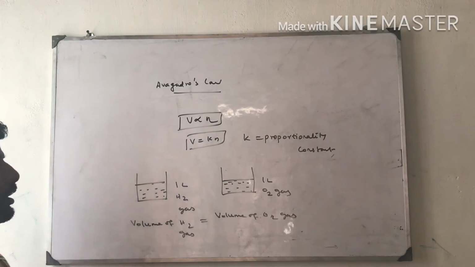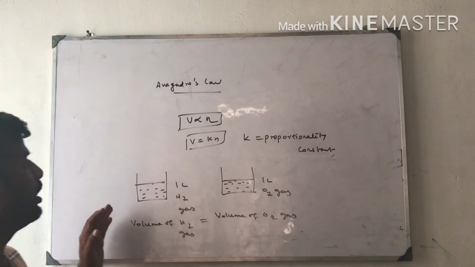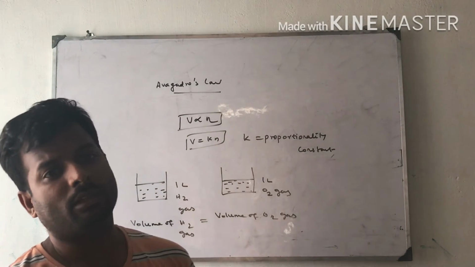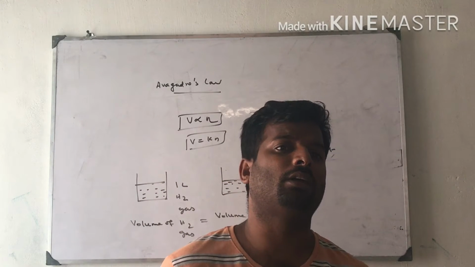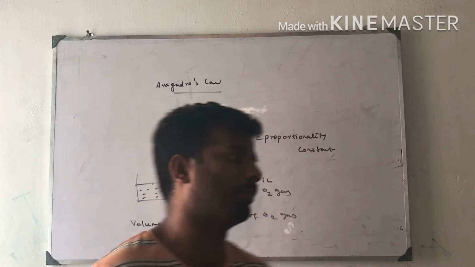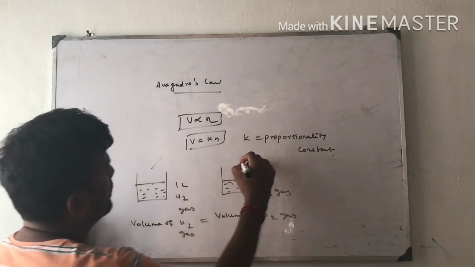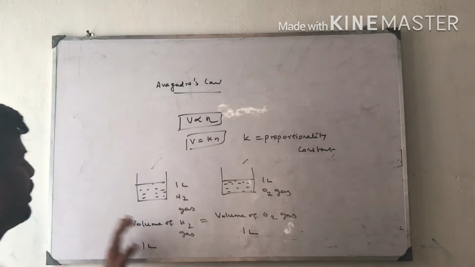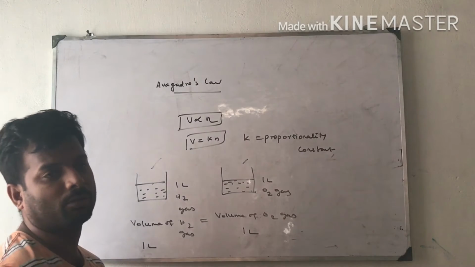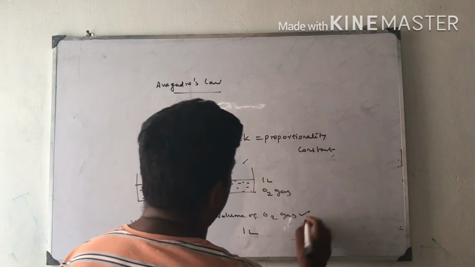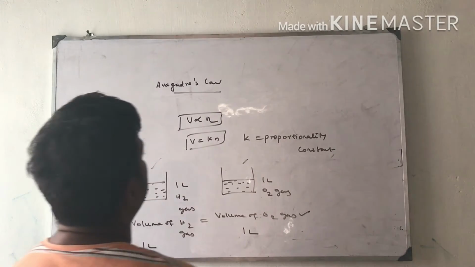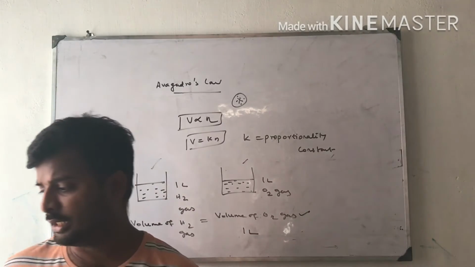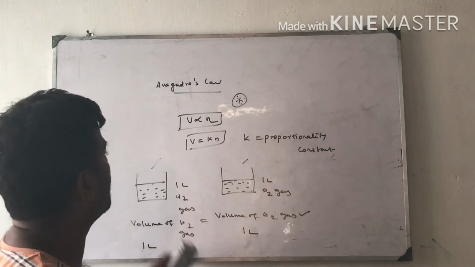Even though the density of oxygen is more than hydrogen, according to Avogadro law, equal volumes of gases contain the same number of molecules irrespective of their physical and chemical properties. The physical property of hydrogen is different, this is also different, but the number of particles in 1 liter here, and 1 liter here, is the same. This is called the Avogadro law. This is a very important law. Now we are going to start with the ideal gas equation.